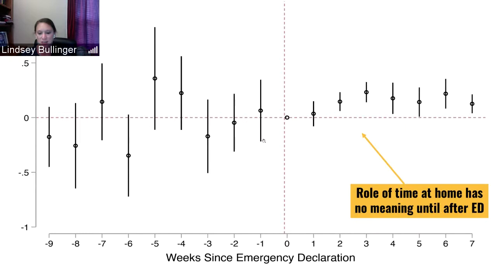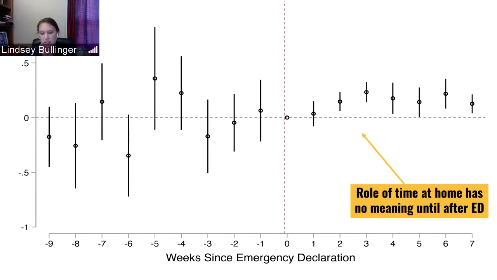But after the pandemic, after Georgia issued its emergency declaration and schools closed, we see a much more precise relationship between time spent at home and referrals. And in particular, it starts to increase. So there's a positive relationship between time spent at home and child abuse and neglect referrals.